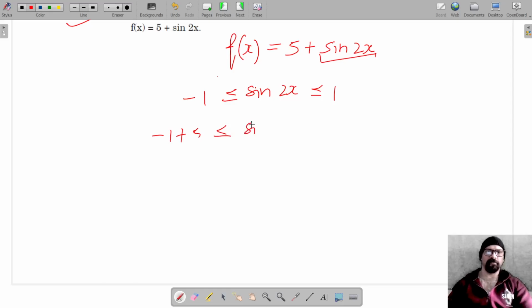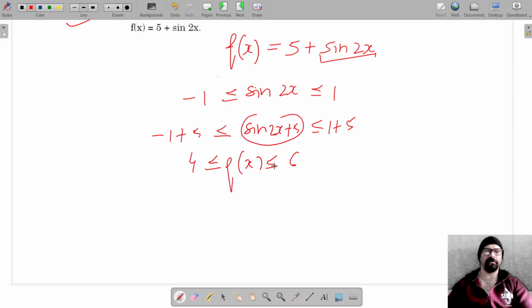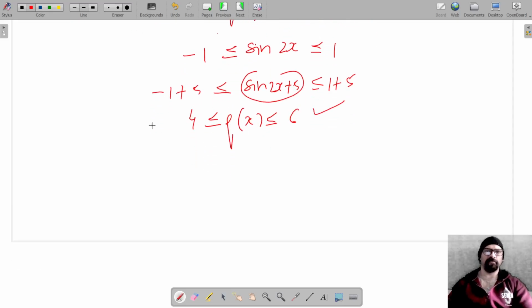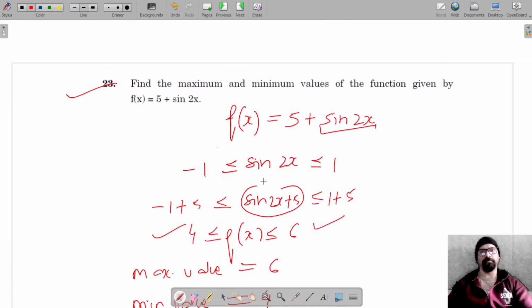So this becomes 4 less than or equal to f of x less than or equal to 6. So the maximum value is 6 and the minimum value is 4. We can write the maximum value of the function is equal to 6 and the minimum value is equal to 4.